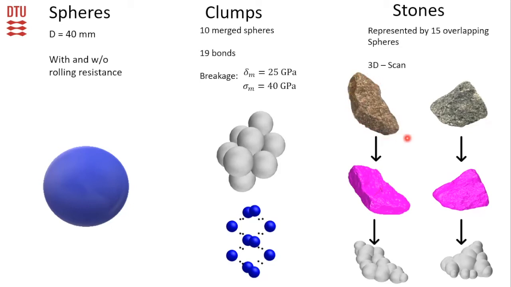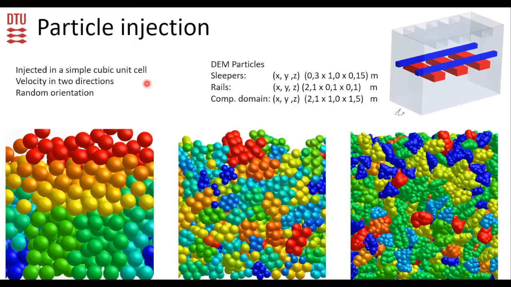And below, you see the 3D scan output and the DEM particles represented as 15 overlapping spheres fitting the geometry of the scannings. Prior to simulation, the different ballast models are injected into the computational domain. The computational domain is shown up here in the right corner. And here the rails and the sleepers are modeled as stem particles too within the simulation.